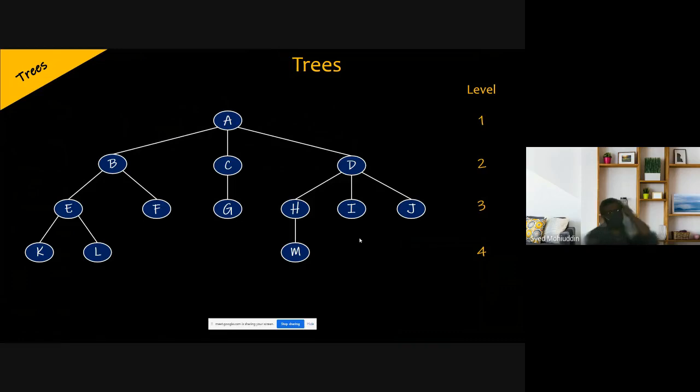Linear means there is a sequential relationship between elements. Take the elements in an array: there is a sequential relationship, and you can say that one element occurs after or before some other element.